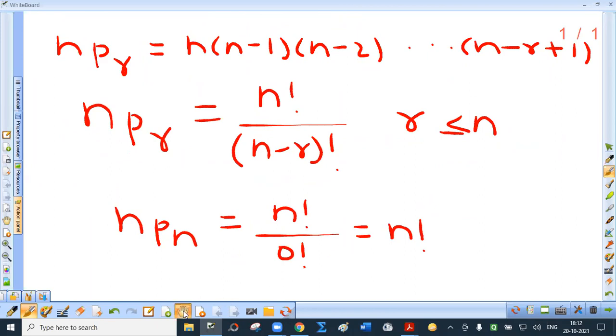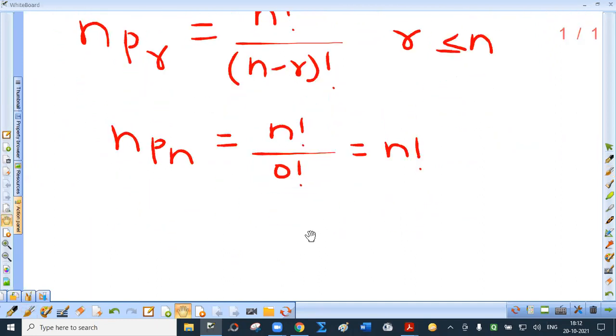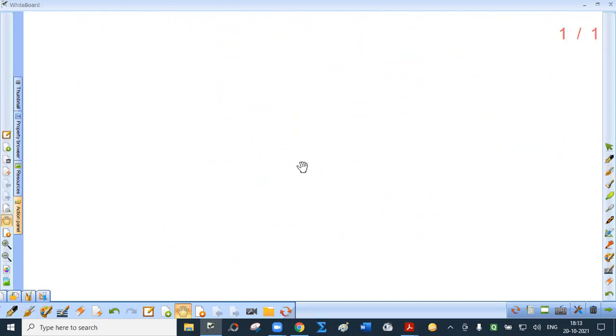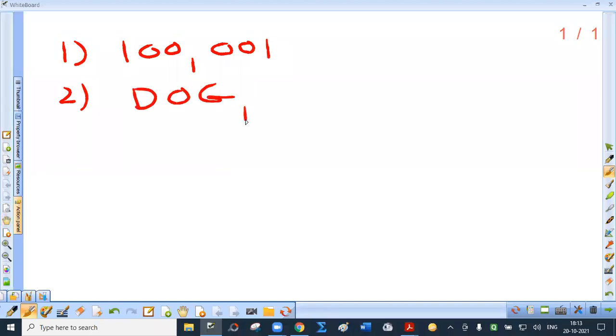Now, can you tell me the situations where permutation is used? Yesterday I explained the difference between an arrangement and a selection. In case of permutation, order is important. So, formation of numbers using digits is a case of permutation, because order is important: 100 is different from 001. Second, arrangement of letters in a word. DOG is different from GOD.